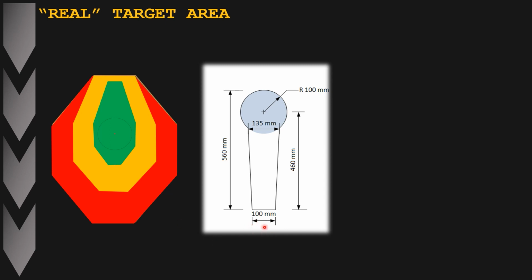For poppers, regardless of being small poppers or large poppers, most shooters will focus their iron sights or their dots on the middle area of the round part of the popper, which is not fully correct. Why? Because the entire green zone, as I've indicated here on the slide, is actually the real target area, because anywhere where you hit this popper on the green area, the popper will fall down.